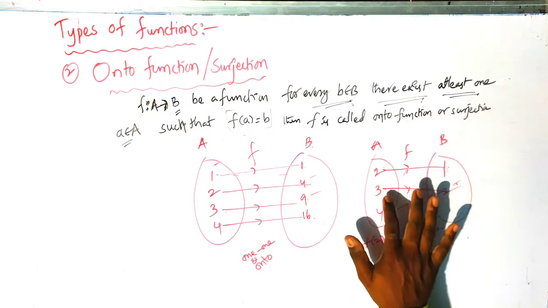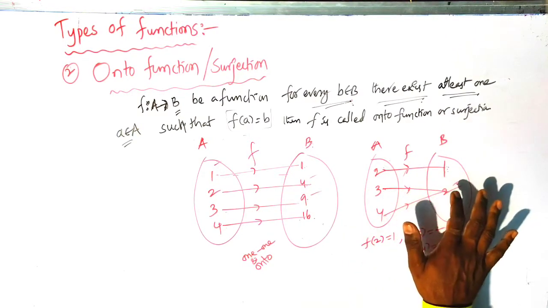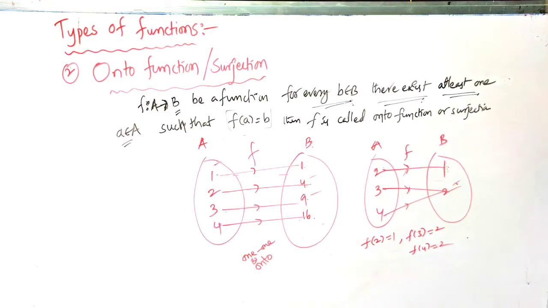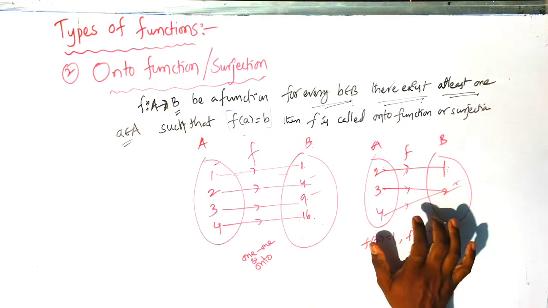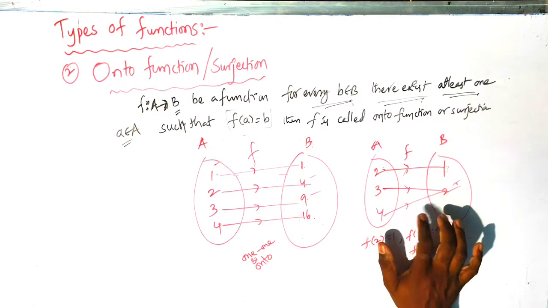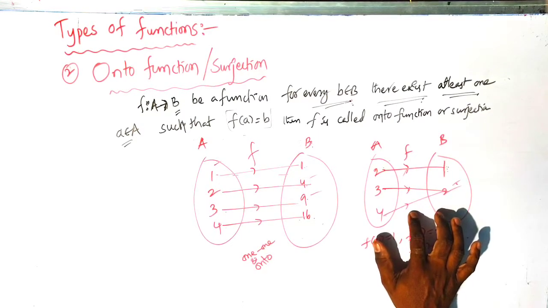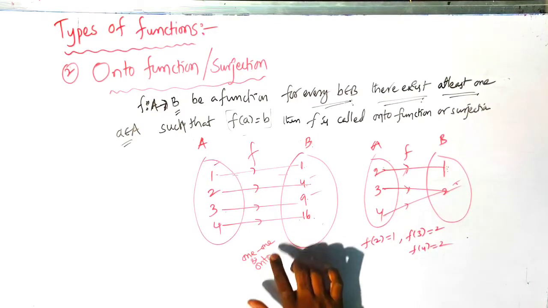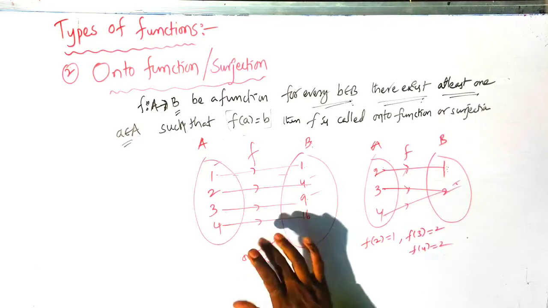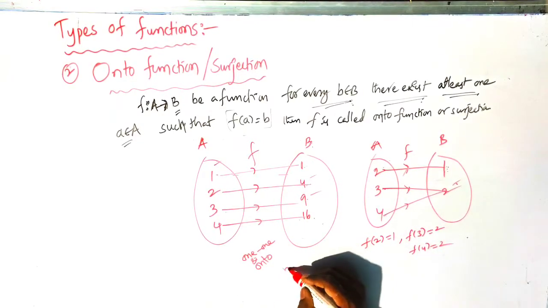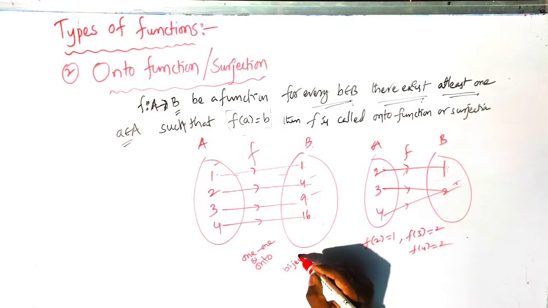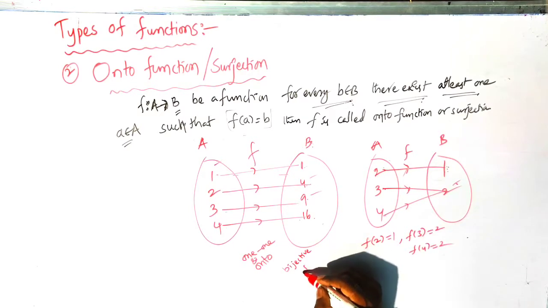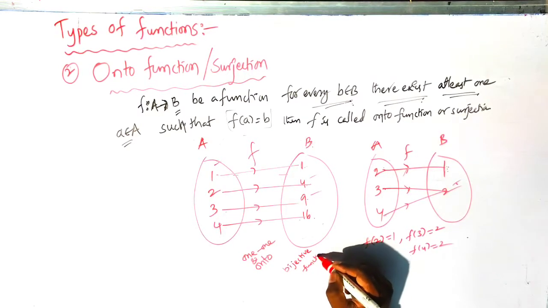Why? Because different elements having only one image in B. That's why this is not a 1-1 function, but this is surjection. Clear? Here 1-1 and onto, both functions are there, so then that function is called a bijective function. So what is bijective function here?